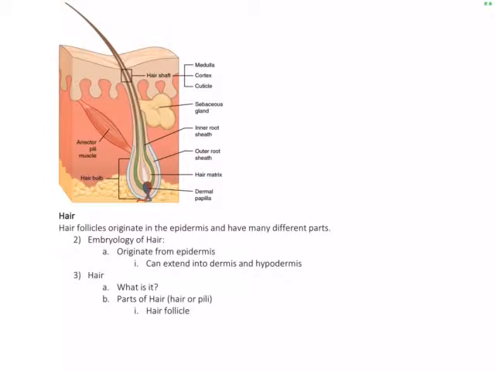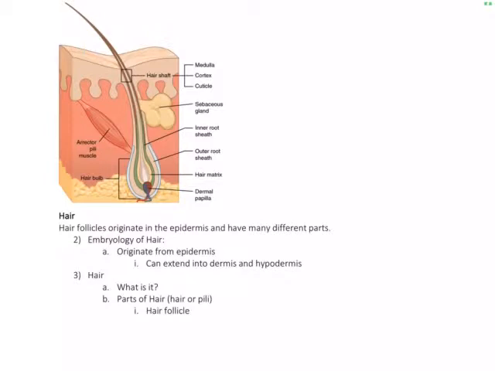The hair bulb basically surrounds the hair papilla. The hair papilla is made up of connective tissue, and it contains nerves and blood capillaries from the dermis. And the hair papilla is within the hair bulb.